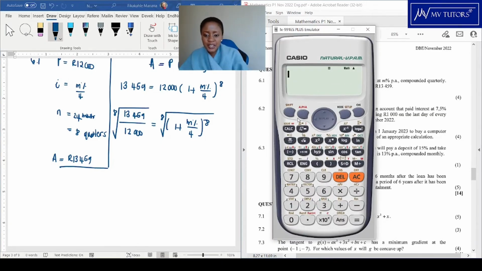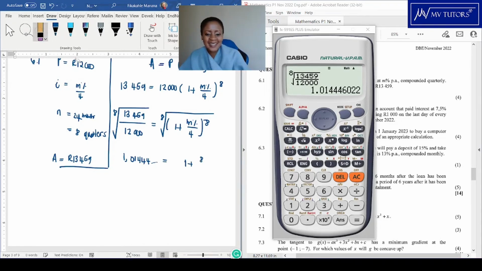We shift, and we get that 8th root, and we just put everything as it is in the calculator. We don't want to complicate our lives. We get an answer of 1.01444 and so on, and that is equal to 1 plus m% over 4, because the 8 is gone.